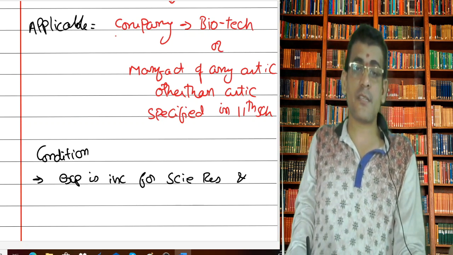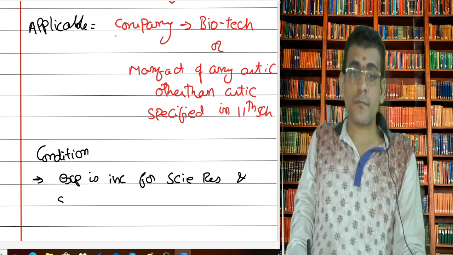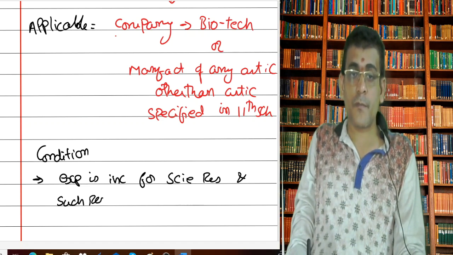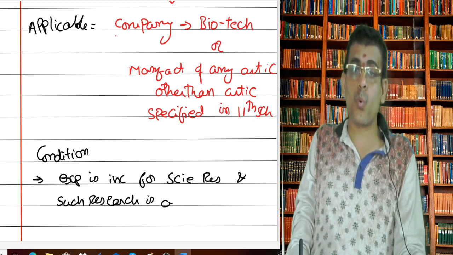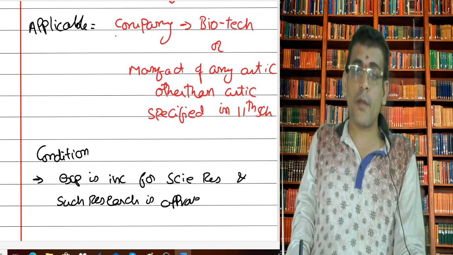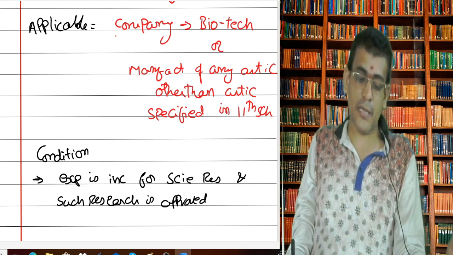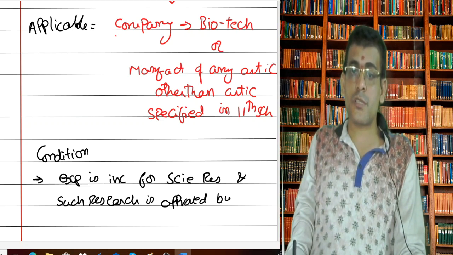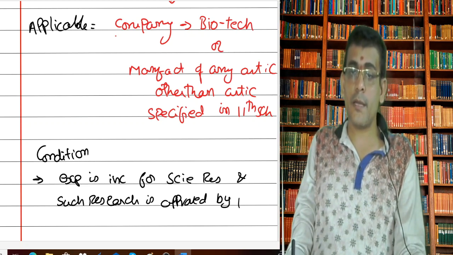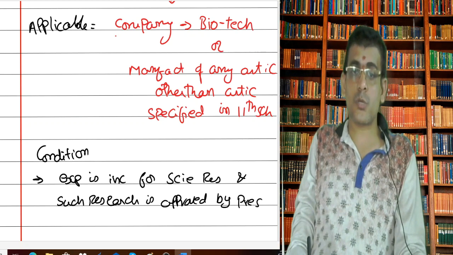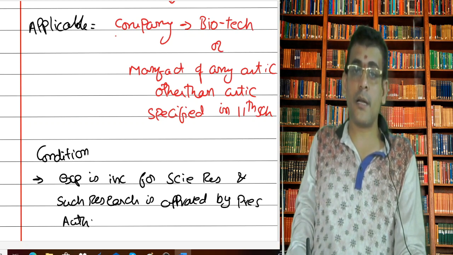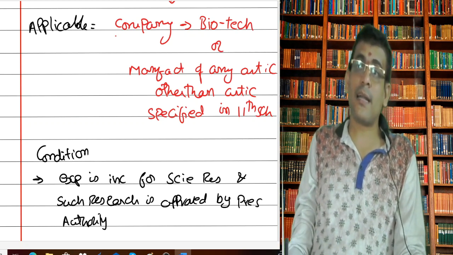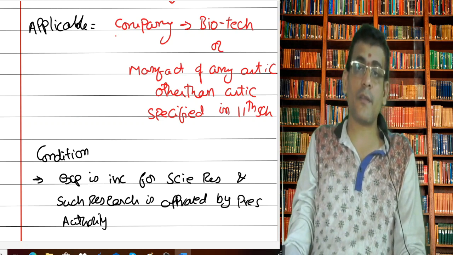So expense incurred for scientific research, and such research is approved by whom? By prescribed authority. Such research shall be approved by prescribed authority. If the prescribed authority approves, then ultimately that can be considered as part of the deduction.